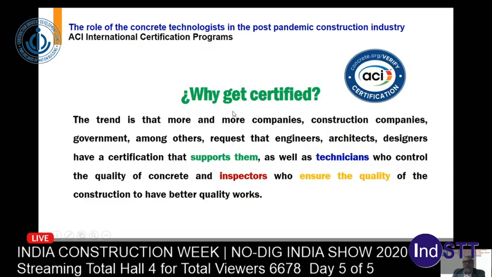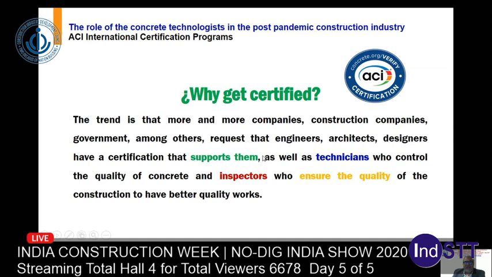Why should someone get certified? Someone who is involved in the concrete construction industry. The trend is that more and more companies, construction companies, government agencies, among others, request that engineers, architects, designers have a certification that supports them, as well as technicians who control the quality of concrete and inspectors who ensure the quality of the construction to have better quality work.